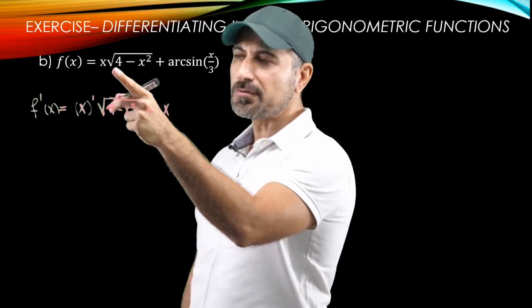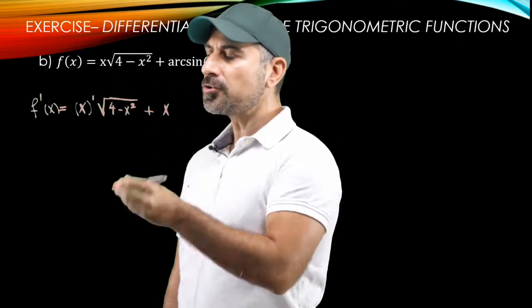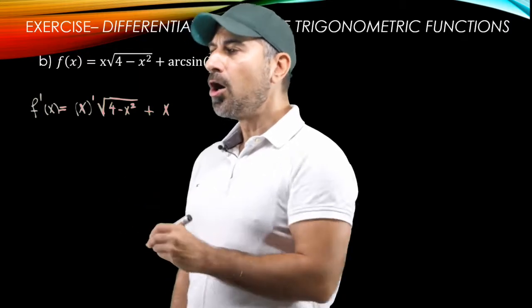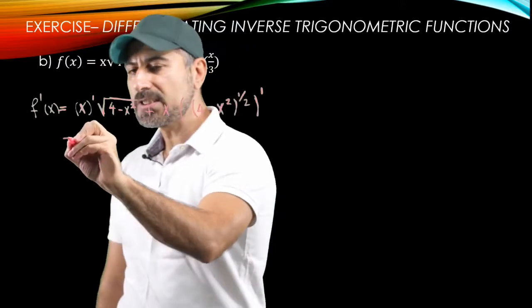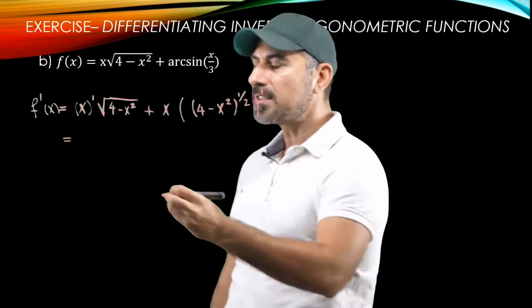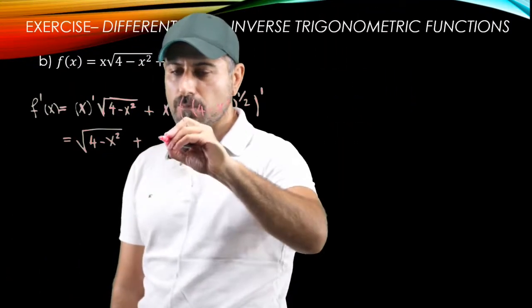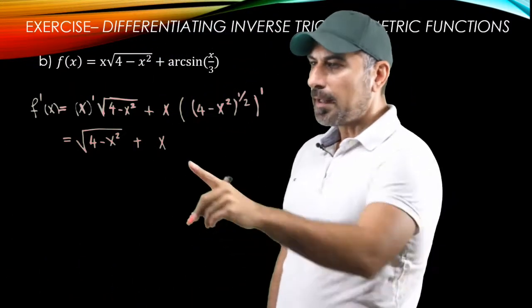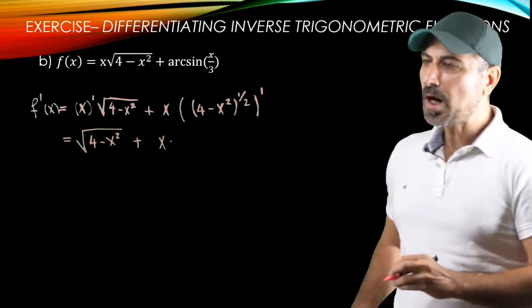But to take the derivative of this function, why don't we write it in the exponent form so we can actually use the general power rule or the chain rule. All right, let's go ahead and take the derivatives here. So the derivative of x is 1, so this is going to be radical just 4 minus x squared. And plus x times the derivative of this piece. So let's apply the general power rule here.